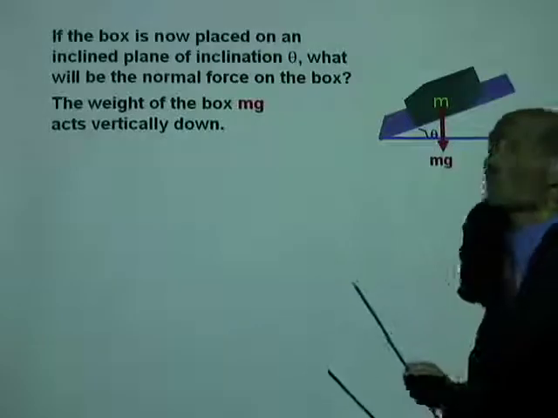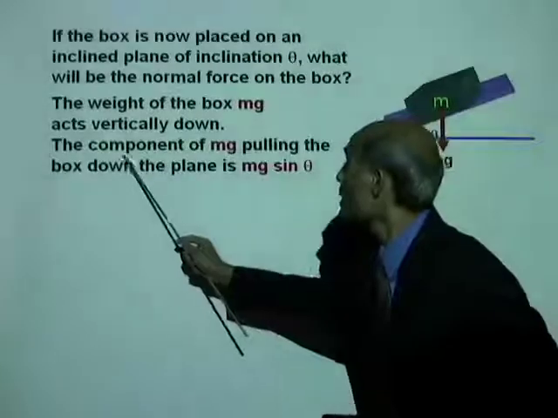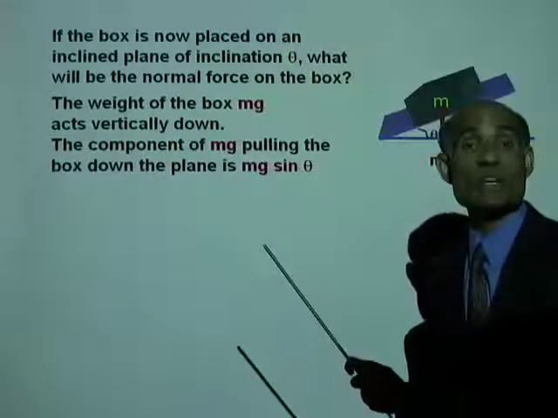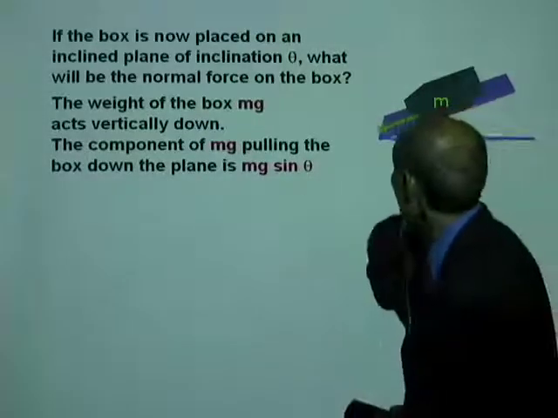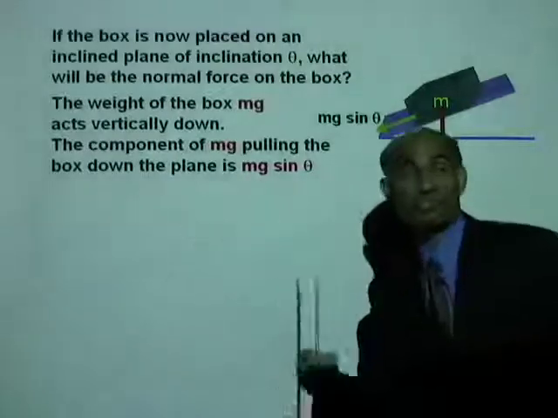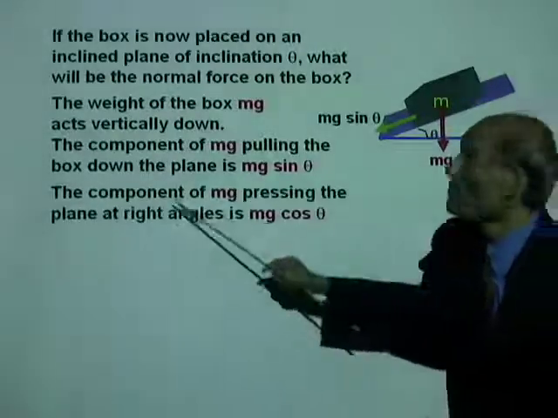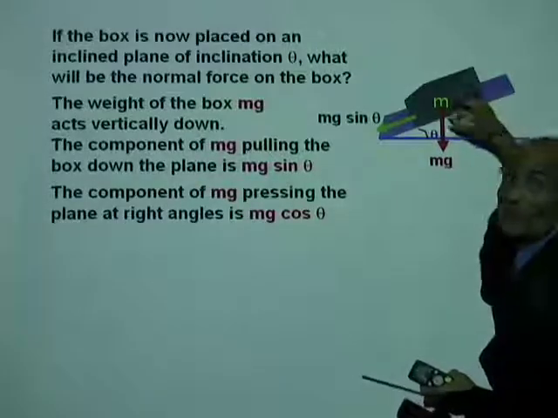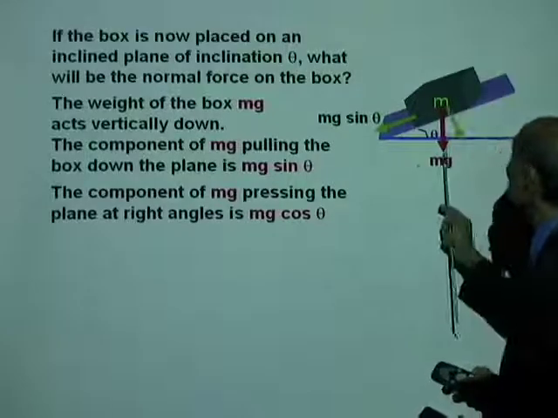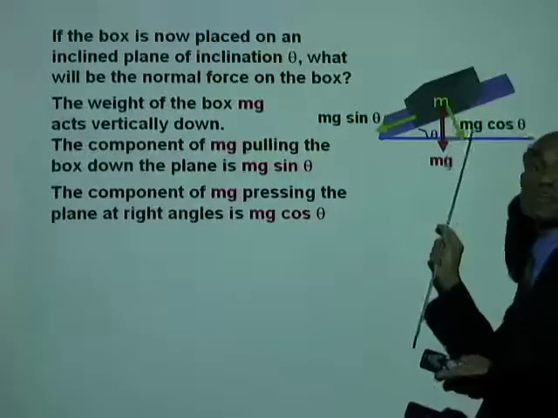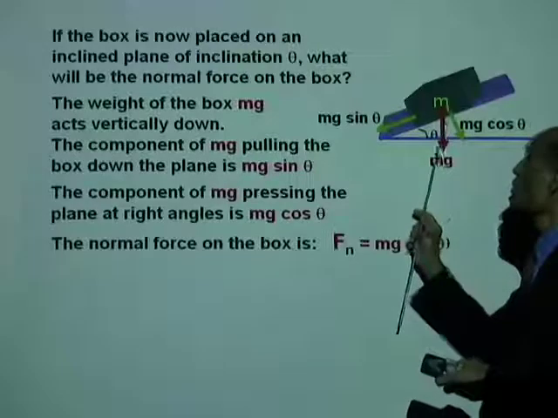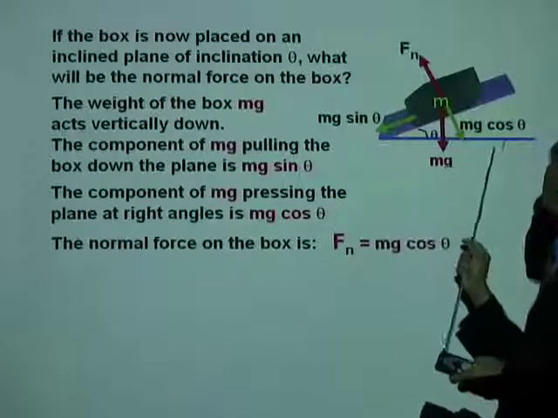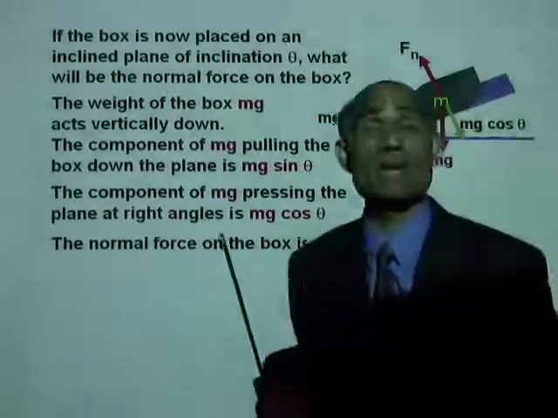There you are, that is mg. And the component of mg pulling the box down the plane is mg sin theta. mg sin theta pulls the box down the plane. And the component of mg pressing the two surfaces together is mg cos theta. And this is the normal force. The normal force between the two surfaces F_n is equal to mg cos theta.